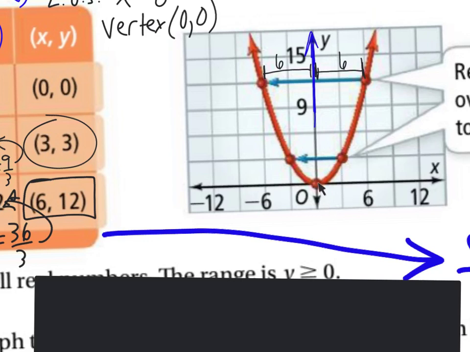There it is, my first point, and that y value is 0. So 0 is my lowest y value. And then you can see this just keeps on going up forever. So the range is from 0 to infinity. Notice, again, we talked about it earlier, a bracket on the 0 because it includes 0. So starting at 0, going all the way to infinity for the range.